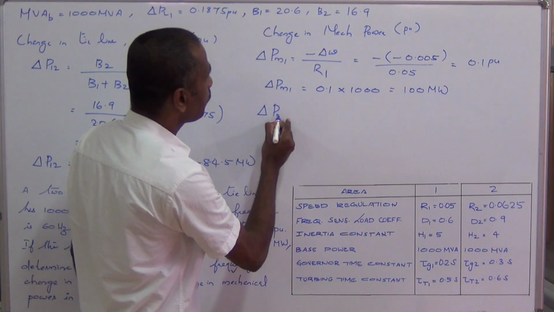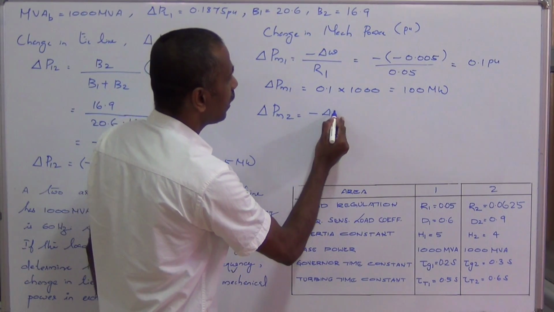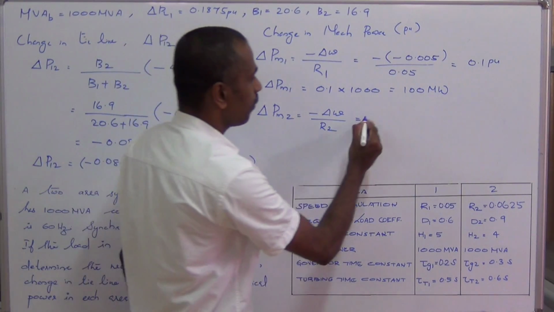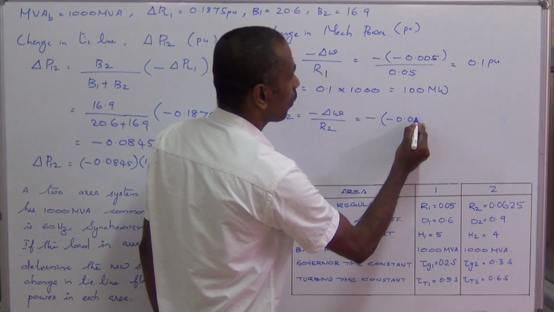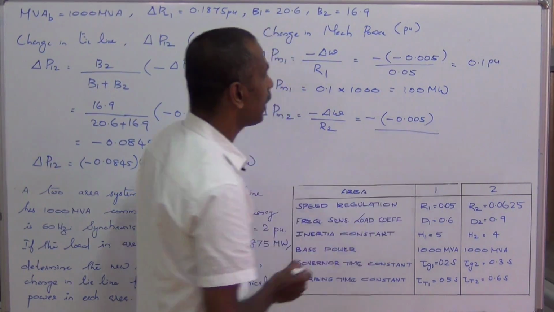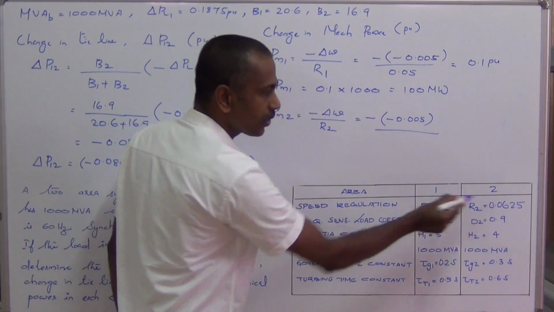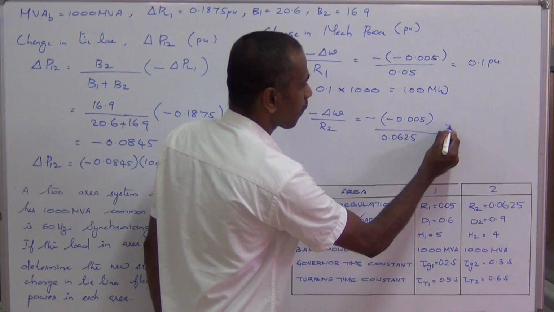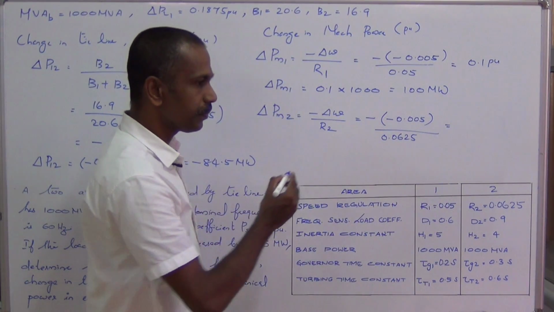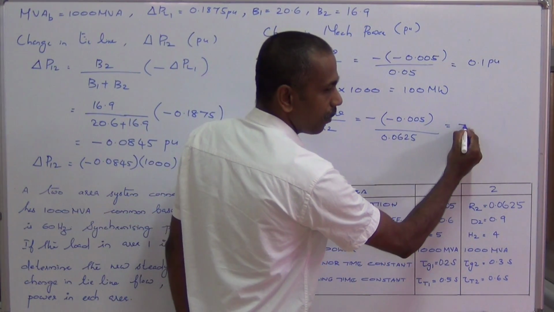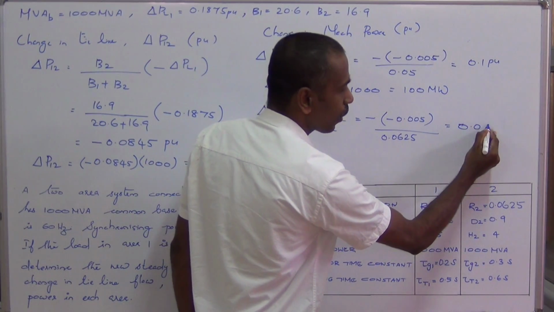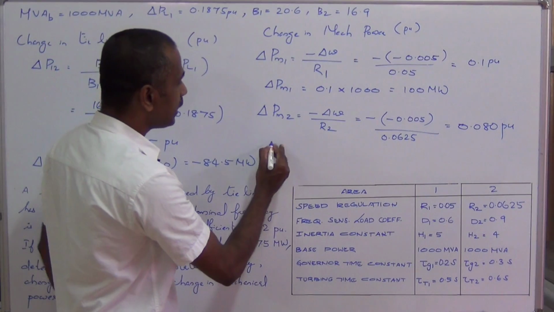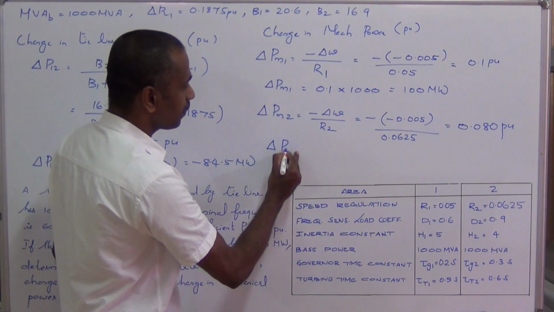What is delta PM2? It is minus delta omega divided by R2, which is equal to minus 0.05 divided by 0.0625. And this is equal to 0.80 per unit. What is the actual change in mechanical power in the second area?